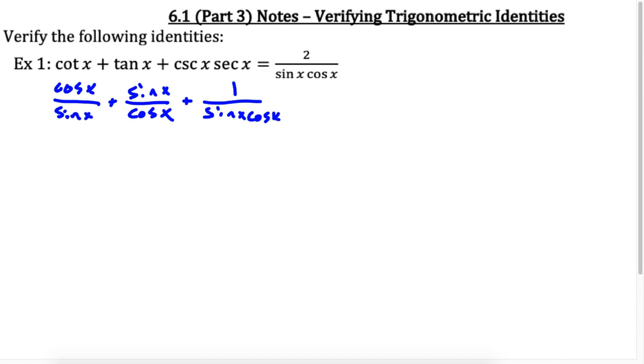Well, now let's try to combine all these. Let's get common denominators and add all these together. My common denominator will be sine times cosine. So if I multiply this term by cosine over cosine, multiply this term by sine over sine, here we'll end up with cosine squared over sine times cosine.